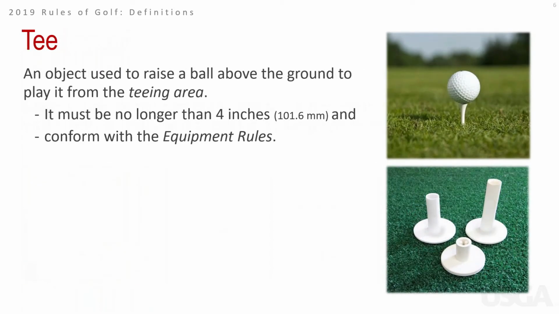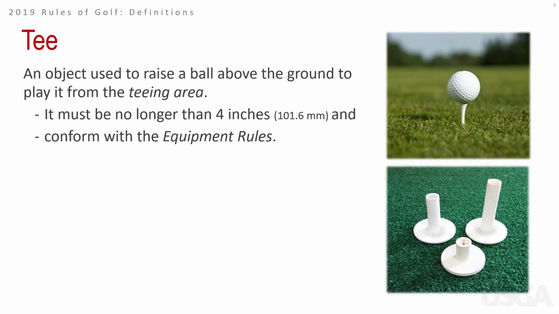The tee. A tee is an object used to raise a ball above the ground to play it from the teeing area. And again, it must be no longer than 4 inches, and it has to conform with the equipment rules. As you'll see, if you read the rules, there's nothing that says that you have to use a tee within a teeing area.